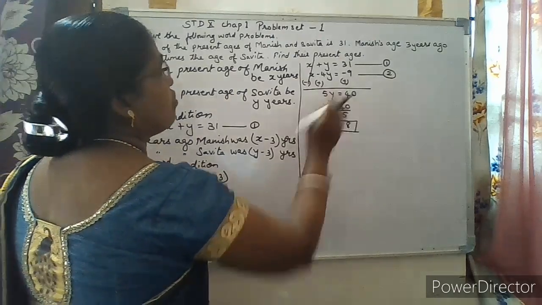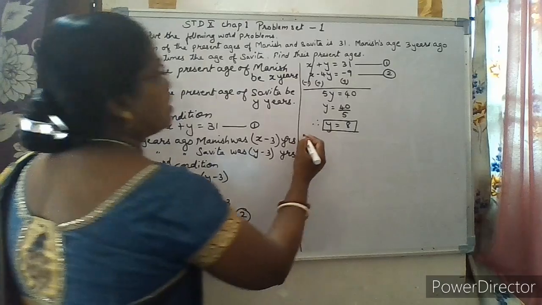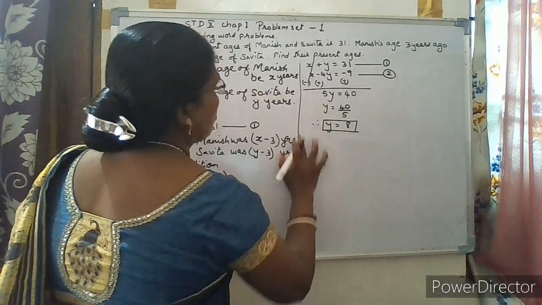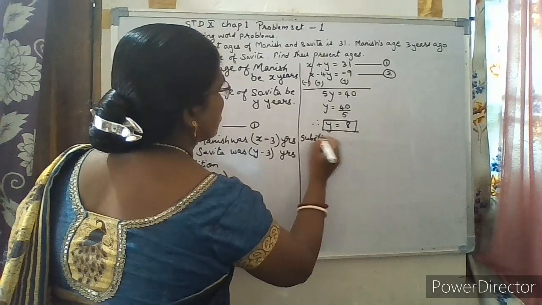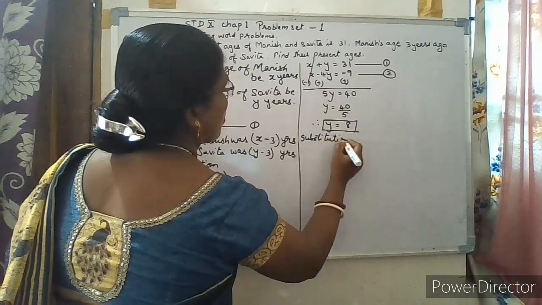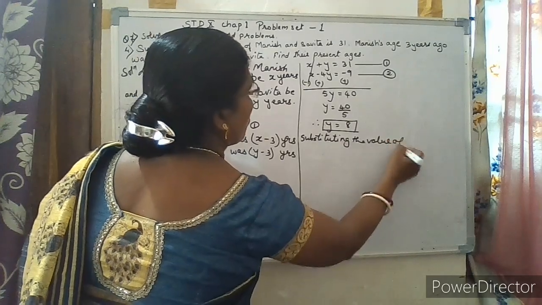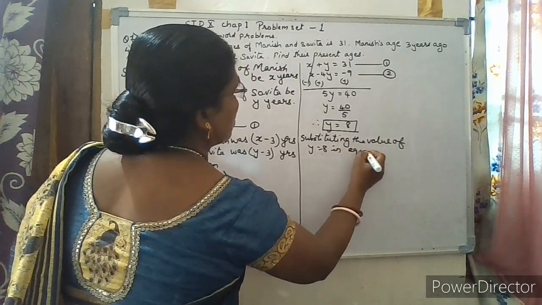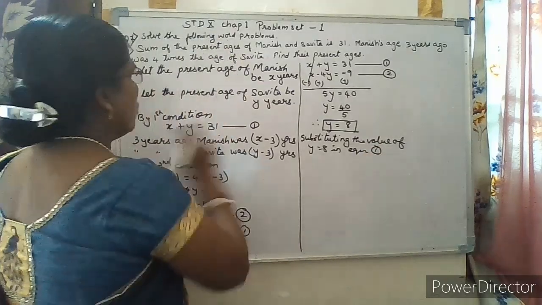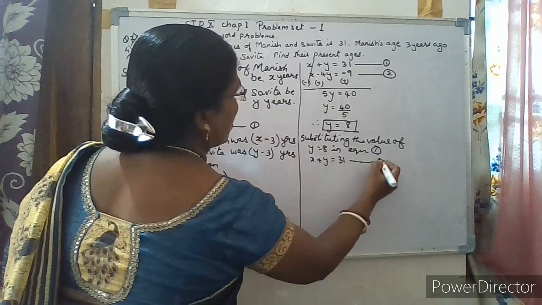Now, substitute this value of y in equation 1, the easiest equation. Substituting the value of y equal to 8 in equation 1. So, write equation 1: x plus y equal to 31.